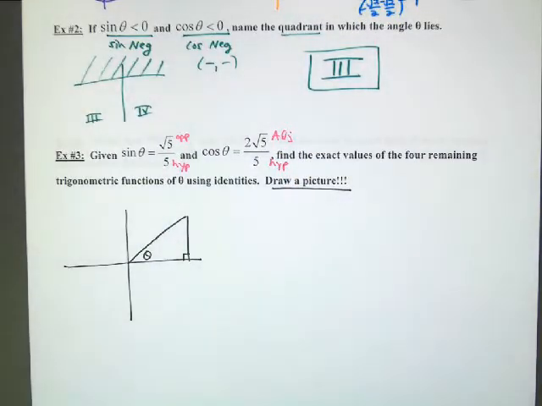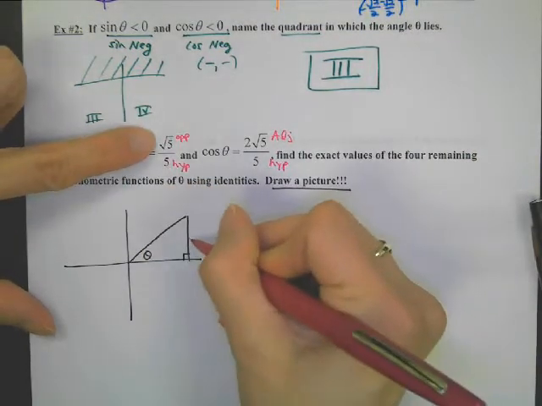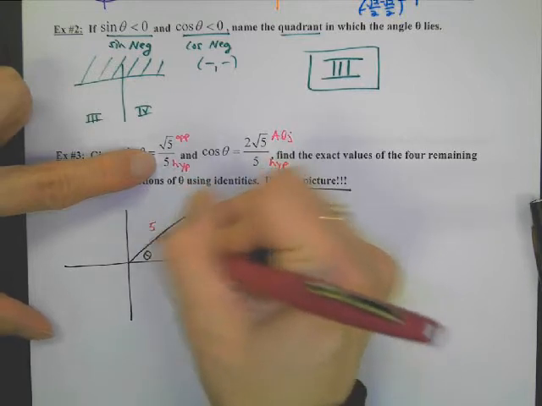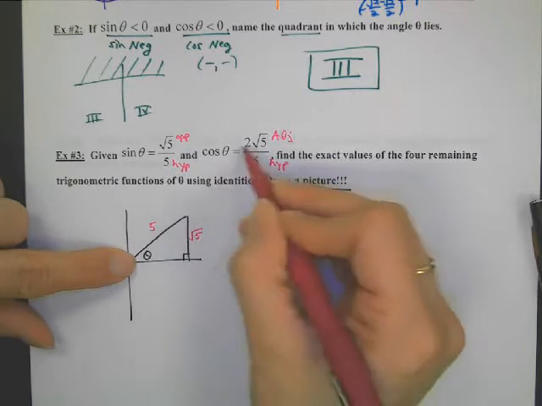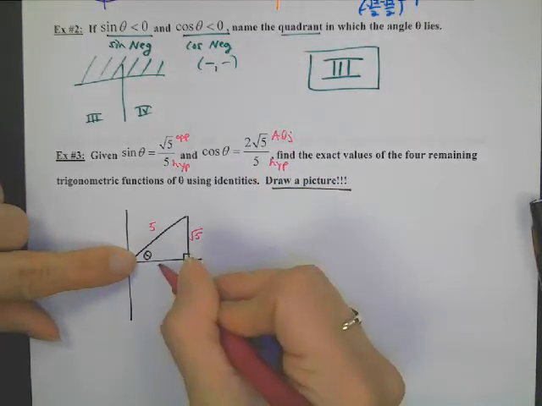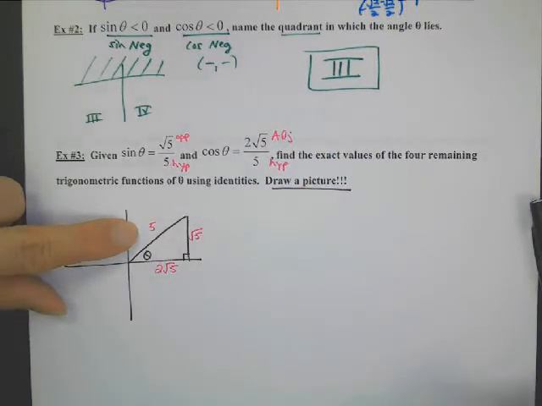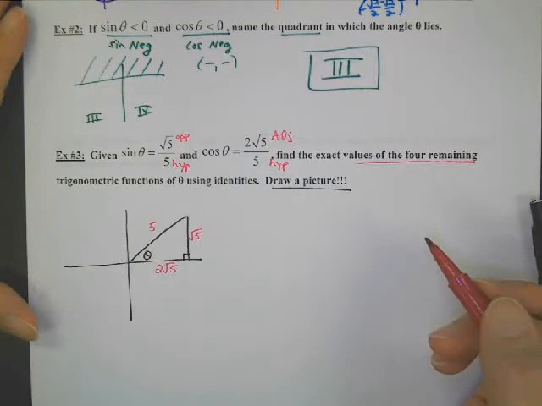So let's put these numbers in the right place. For sine, the opposite leg needs to get radical 5 and the hypotenuse needs to get 5. The hypotenuse is always positive. For cosine of theta, the adjacent leg needs to get 2 radical 5, and the hypotenuse is 5. Perfect. Find the exact values of the other 4.